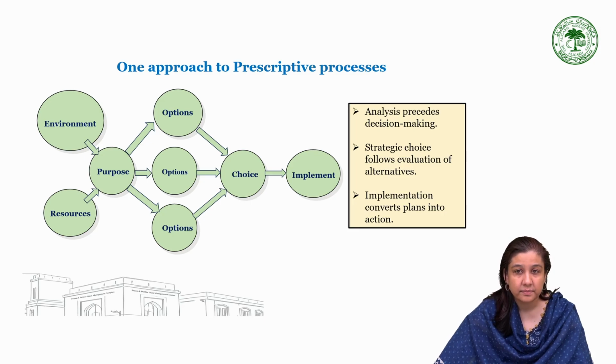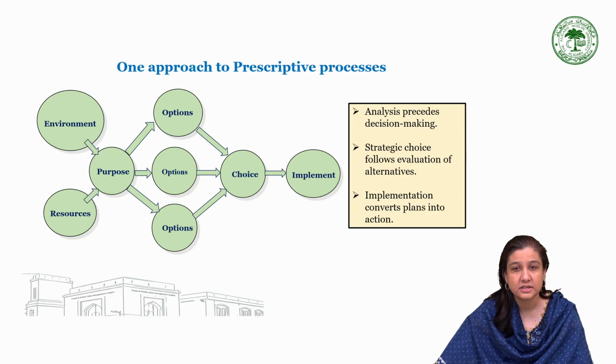The second stage is the strategic choice. Different strategic alternatives are generated and evaluated. Managers compare the advantages and disadvantages of each option. The strategy which best meets organizational objectives is selected. And this is how they make the strategic choice.